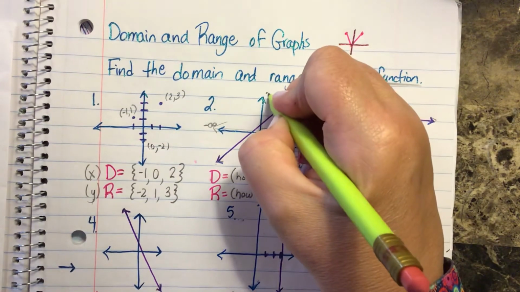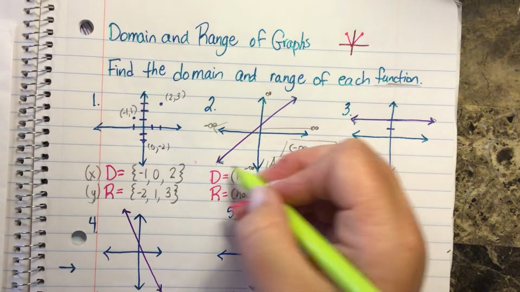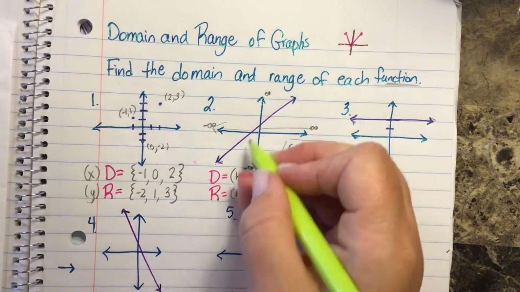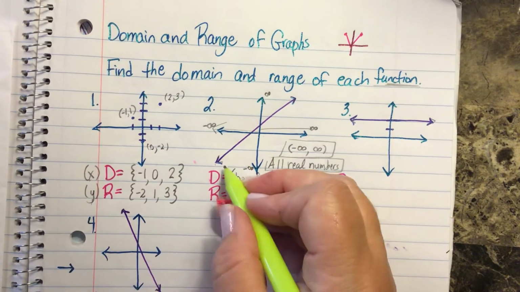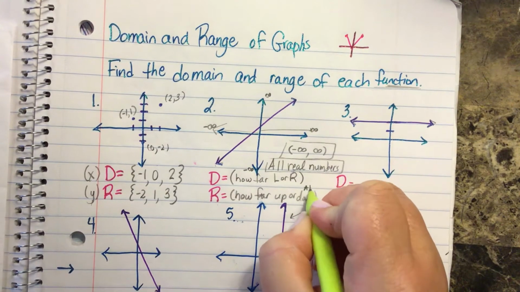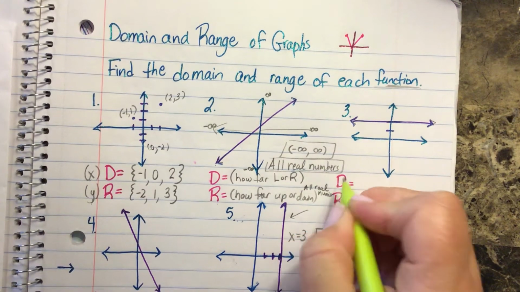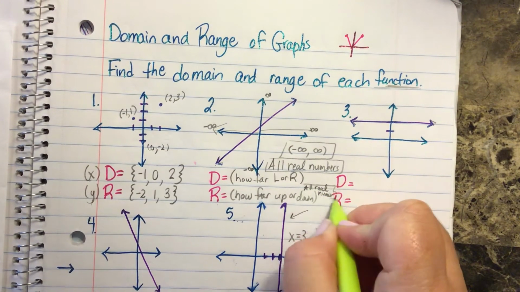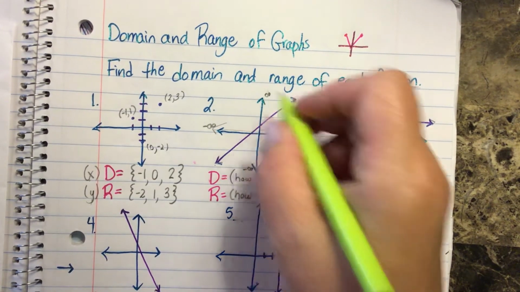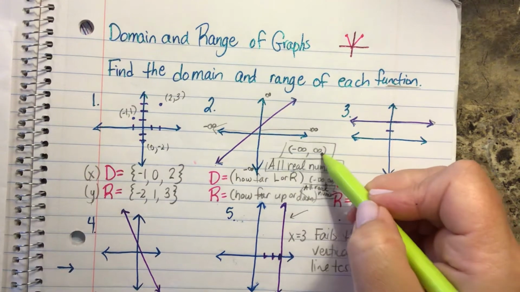Going forever up, this is +infinity. How far down would I have a y value that I could name as a coordinate on this graph? Well, it's going to go forever down as well. So my range is all real numbers, or I can also say it as negative infinity to positive infinity. These are always in numerical order from smallest to largest.